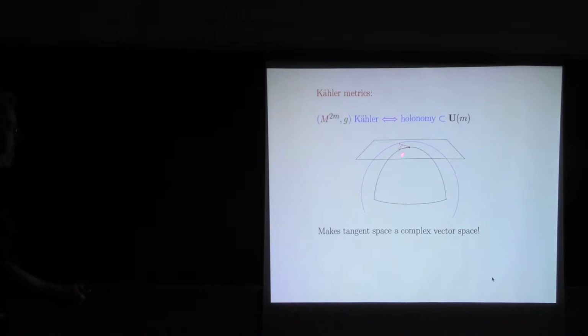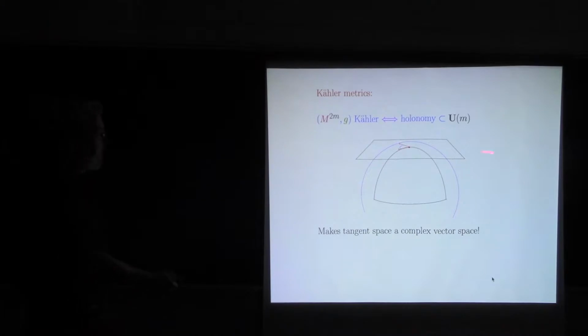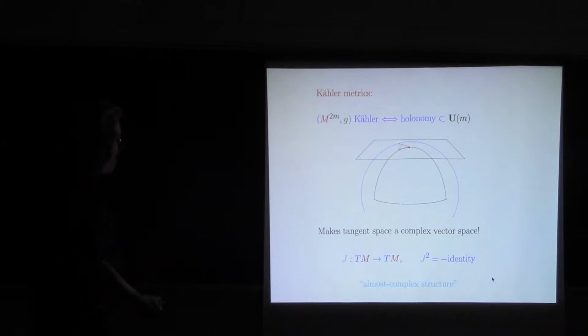This means that all of these holonomy transformations actually preserve a complex structure on the tangent space. The tangent space at the base point is actually a complex vector space, and moreover, that's true in such a way that it's invariant under parallel transport.